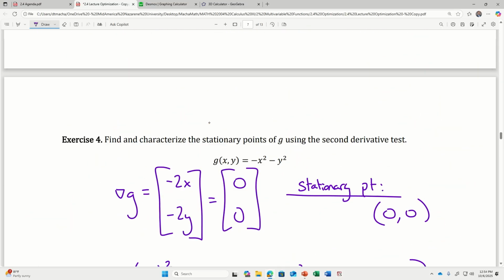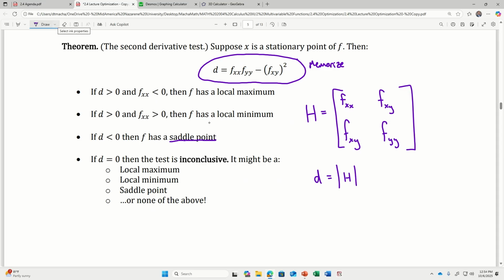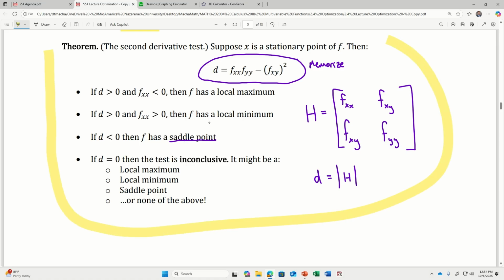Because this is the thing that you got to know. This is the important part to have memorized, I guess, for your next test. All of this stuff. You don't need to know that.